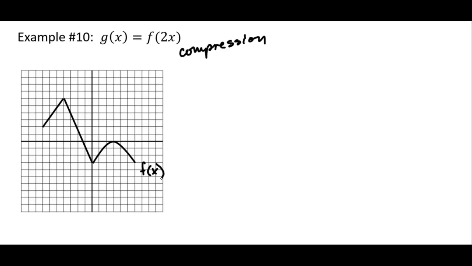Now let's think about our points that we have. For f of x, we've got that point -7, 2. But when I go to do g of x, if I want to get a 2 out, then I've got to put in half of -7. So which would be -3.5, right?